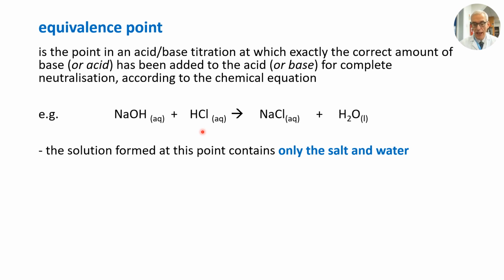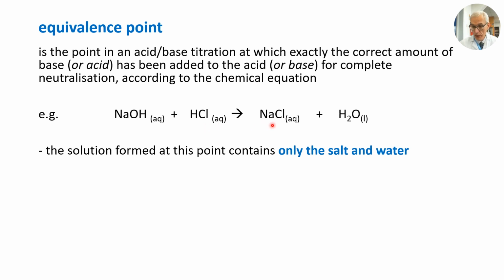Therefore, at the equivalence point, the only two things present in the conical flask in which you are titrating acid and base are the salt and water. So at the equivalence point, there is no excess sodium hydroxide, there is no excess hydrochloric acid. You've got exactly reacting moles of acid and alkali or base.